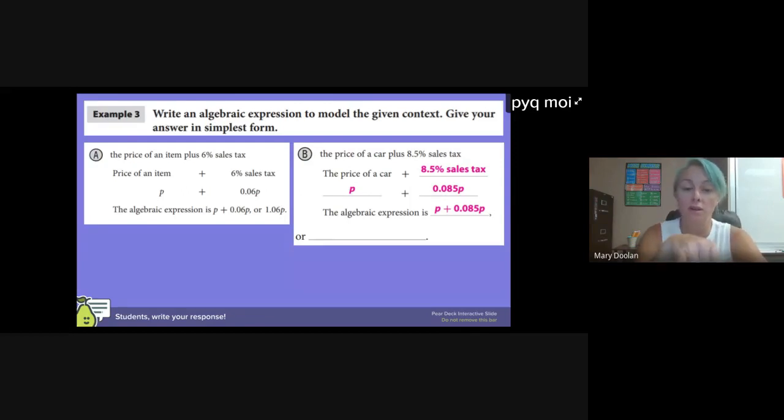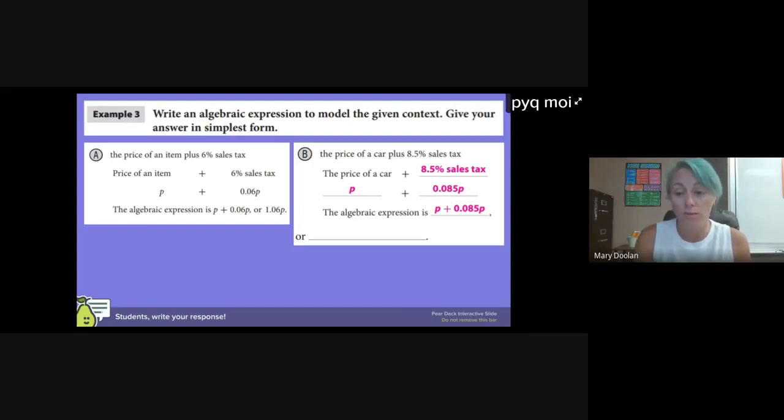Remember, if the term is just the variable, like we have here, just P is one of the terms, I don't see a number in front of P, right? But there's actually a number there. It's just invisible. It's implied that there's a 1 right there.